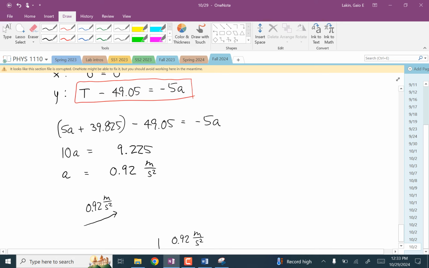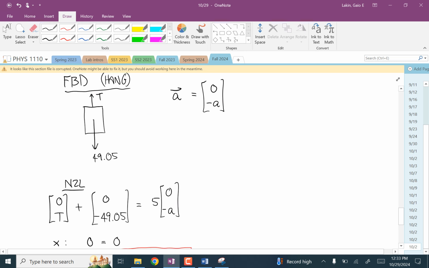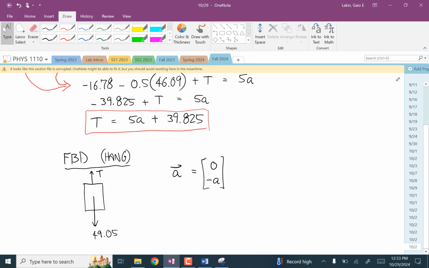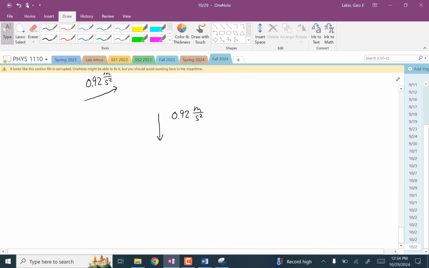And then to calculate T, you can go to whatever equation is simplest. I have it in this form here, so T is equal to 5 times the acceleration, which we know now, plus 39.825.